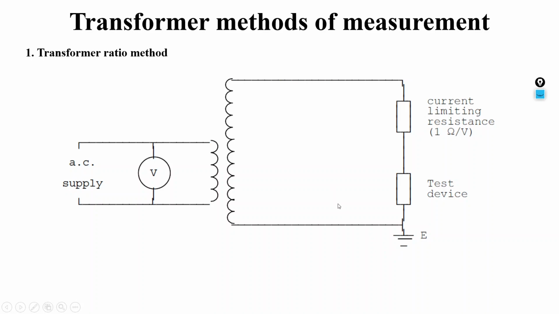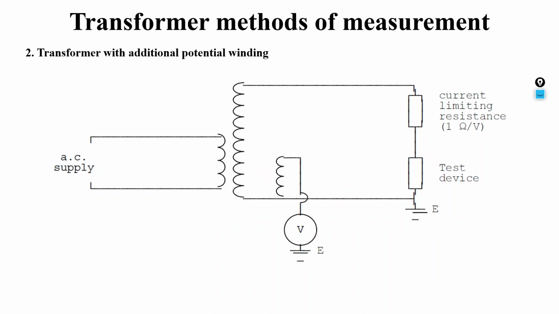Then the second method under this is the transformer with additional potential winding. In this circuit, again a step up transformer is represented. This step up transformer will have the secondary winding, that is a high voltage winding, and in addition to this secondary winding there will be one additional potential winding provided. This additional potential winding can be utilized to make the measurement on the secondary or high voltage side.